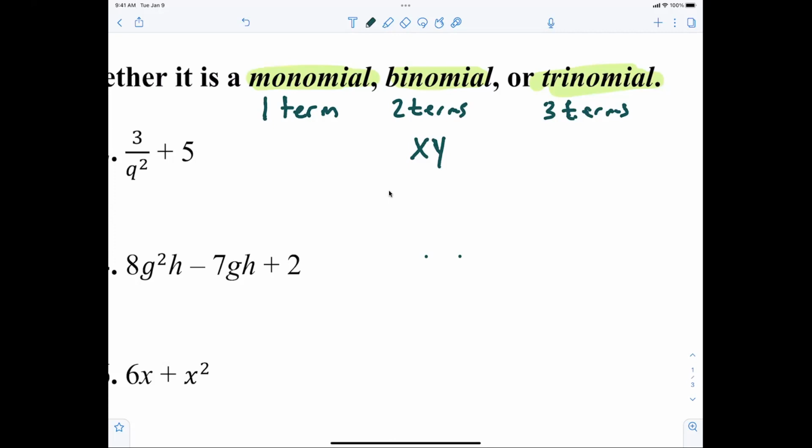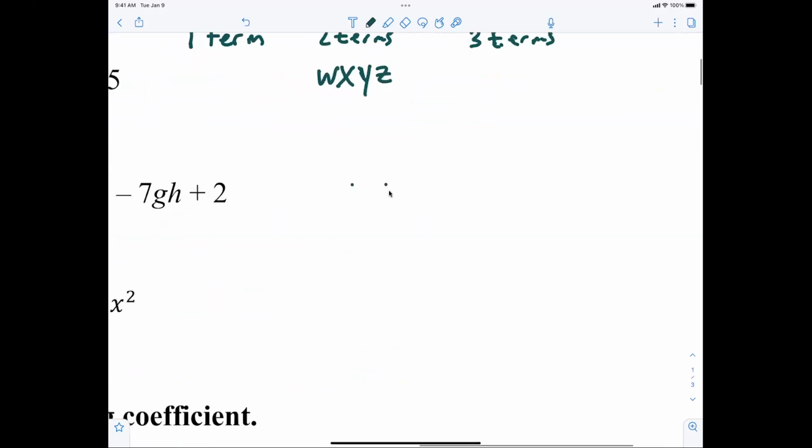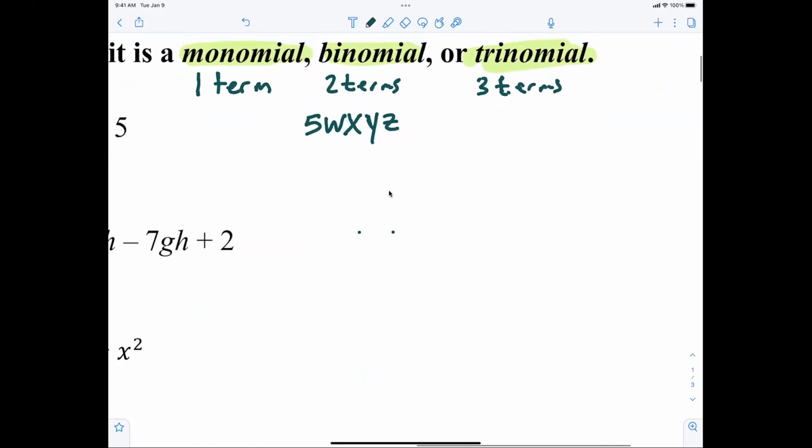X squared or X, Y, Z, how many terms? 1. W, X, Y, Z. 1 term. That's it. It's 1 term. All right. So all that is a monomial.